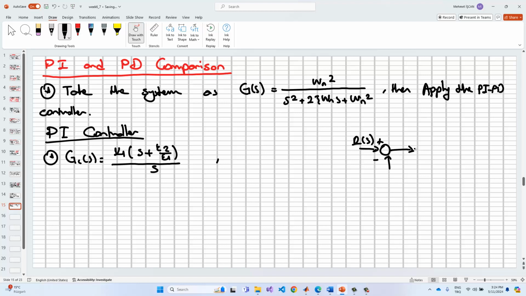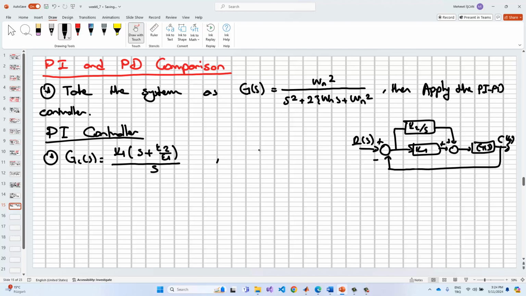Okay, and so the K1 and also K2 divided by s, plus plus, and G(s) can be given, and C(s). These are the PI controller structure.